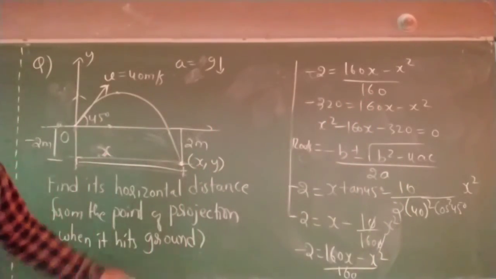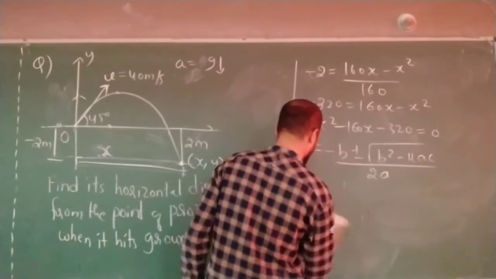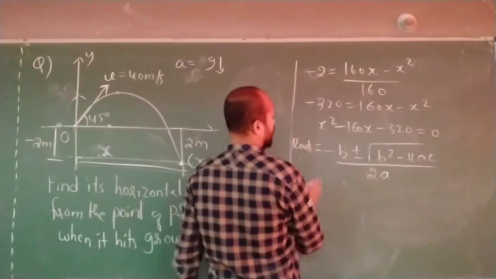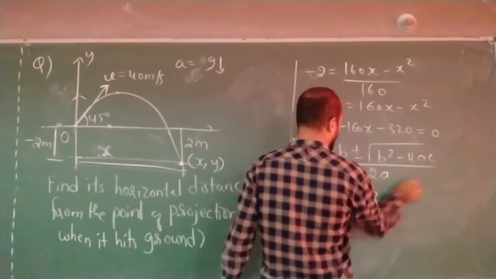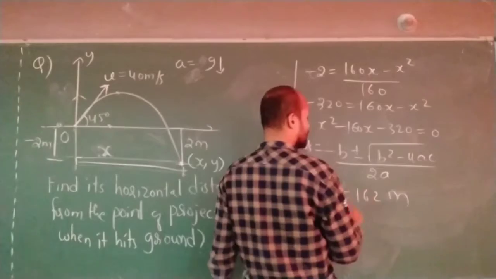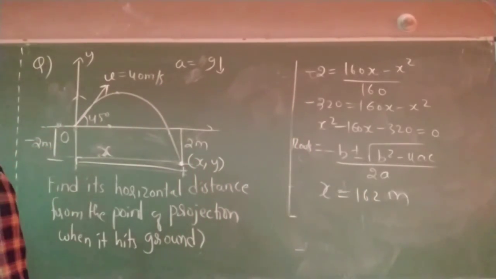Using this, find out the roots of this equation. You will find the value of x as nearly 162 meter. One positive value, one negative value you will get. So the nearest answer you will get is 162 meter. This is the answer.